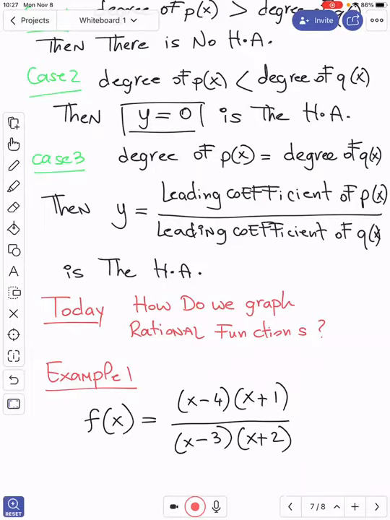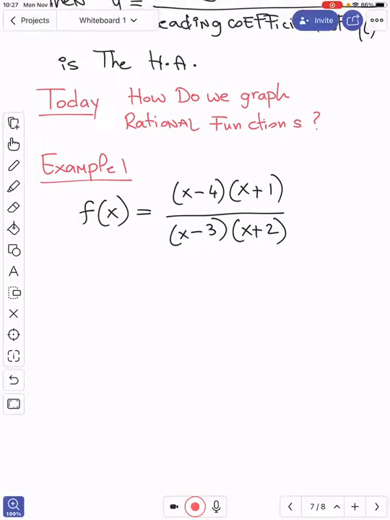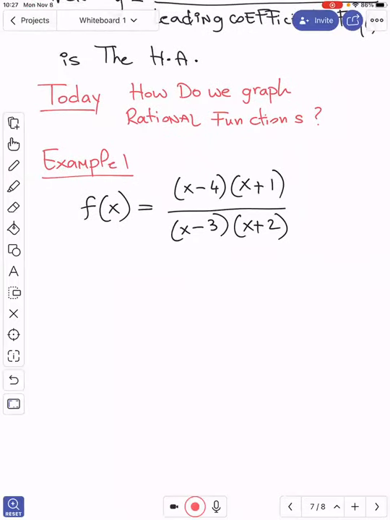All right. So what are we going to do first? Well, before the steps, let me just say a word about this function f. This is a rational function because, of course, the top is your p of x, and here's your q.